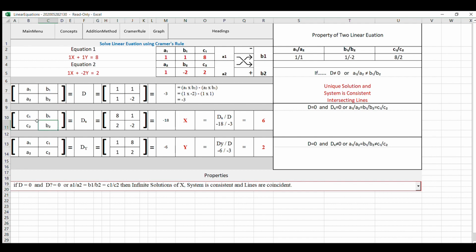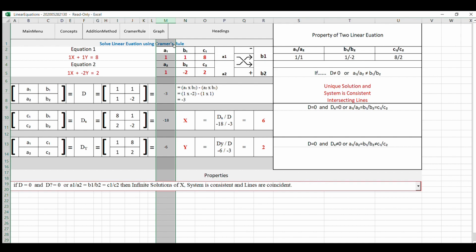Then the second matrix which you will be constructing is for x. So you eliminate coefficients of x. Look at the column. You are eliminating that coefficient, and then you are only taking C1, C2 and B1, B2, and it's circular, anti-clockwise.